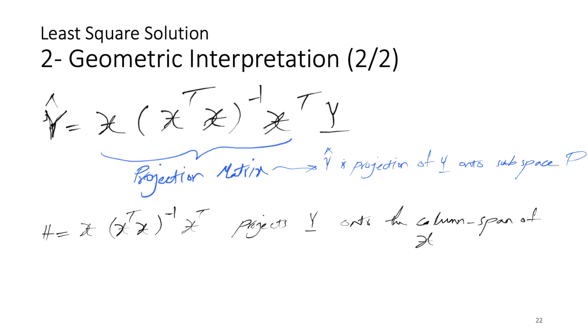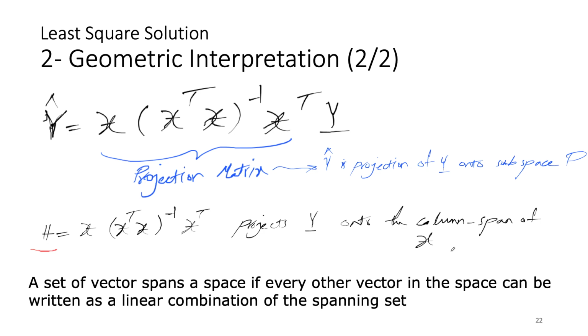Sometimes we call this H, and H is equal to that pseudo-inverse. So that H actually projects y onto the column span of X. So it represents a linear combination of the columns of your X, right?